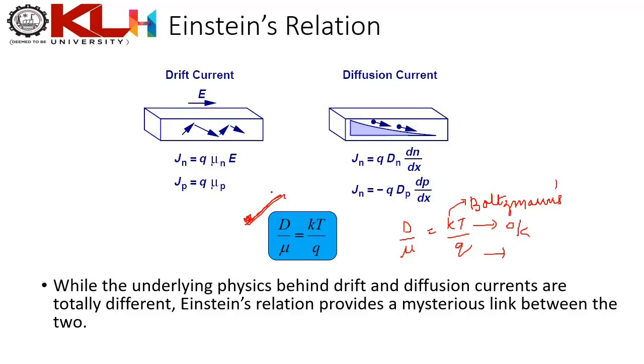So this beautiful relation is named after Einstein, and it is called Einstein's relation. Again, like I said, there is proper underlying physics behind it, but that is not the objective of the course, so I am skipping it.